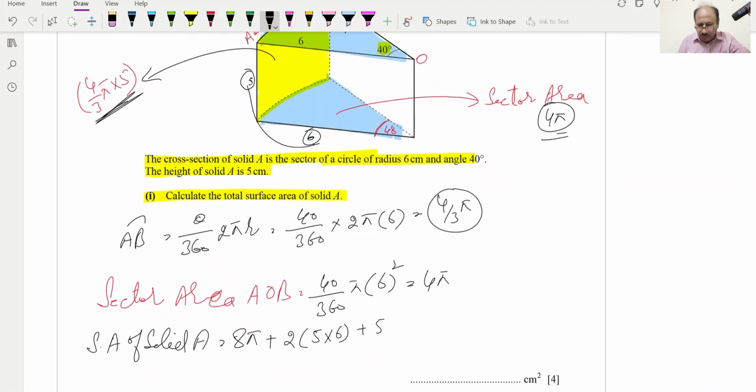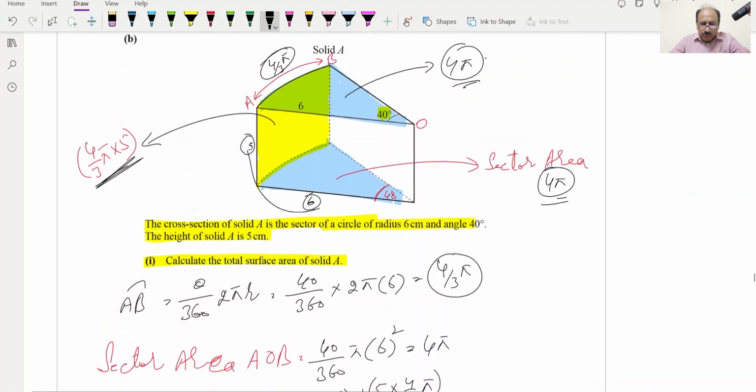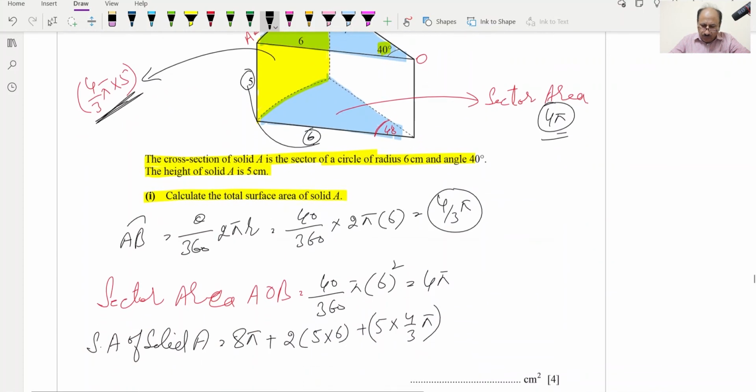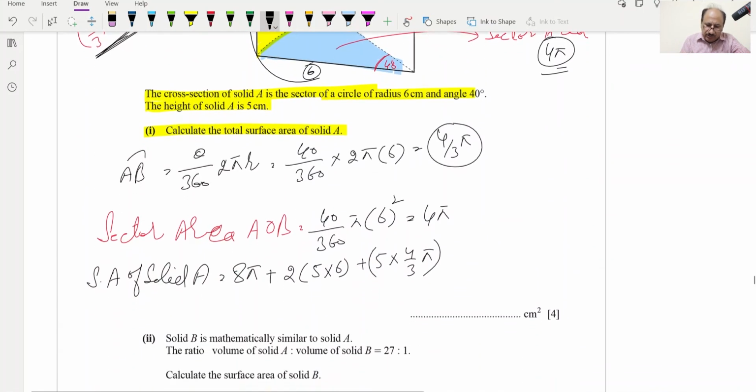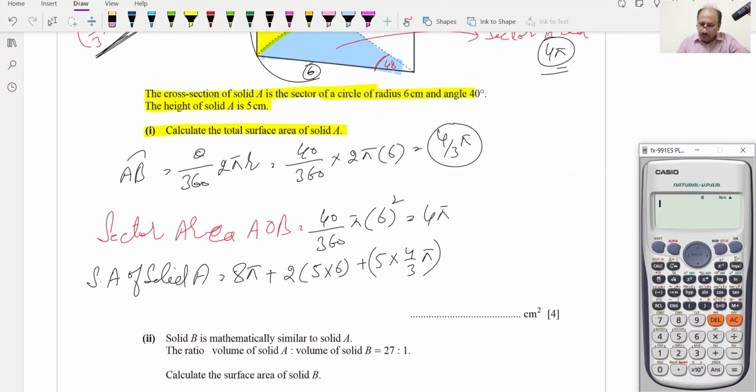It will be 5 into 4 by 3 pi. So we have basically added all 5 sides: this is two sides, this is two sides, and this is one side. Hopefully you understood. Now we'll be using a calculator to solve this.